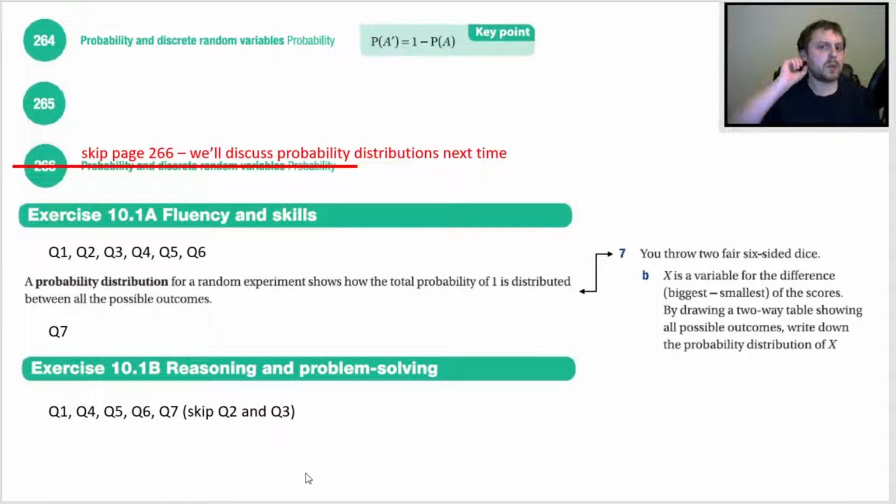So, what do I want you to do? Well, I guess first you've just watched a really long video, so you might want to go and make a drink. Might want to have a little rest. But once you're feeling up to it, I want you to go to page 264. So one thing I haven't pointed out yet is this little dash next to an event. It means the, oh gosh, what's the word again?